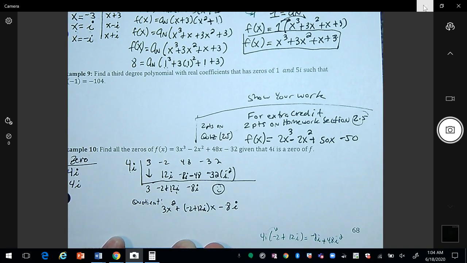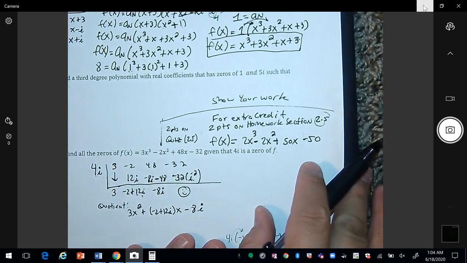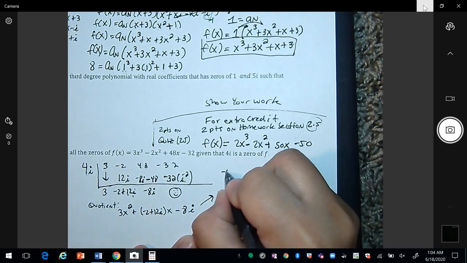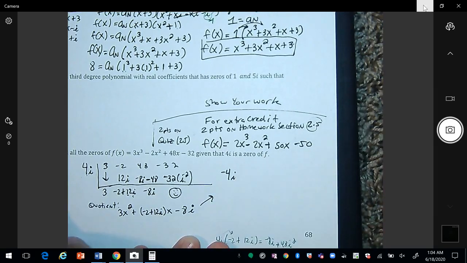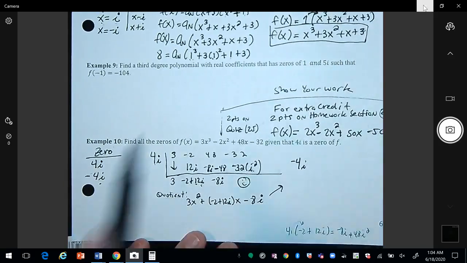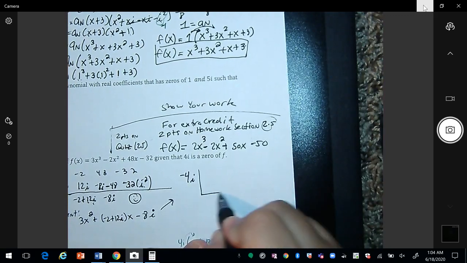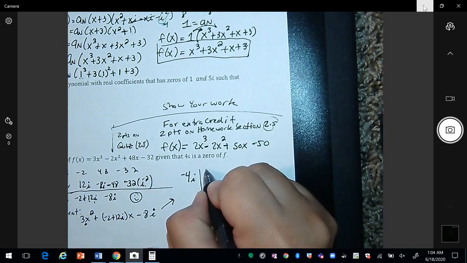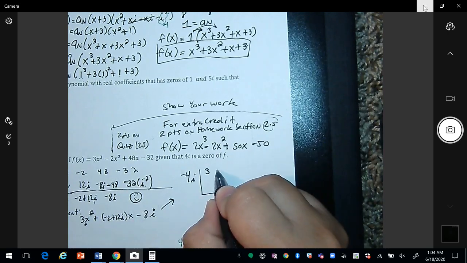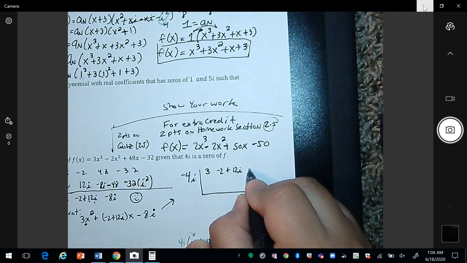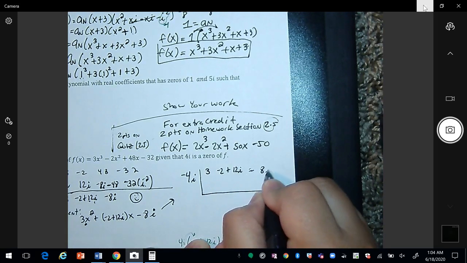So this is quadratic, but since I have these imaginary numbers, I'm going to use synthetic division again with my second zero, -4i. Remember, the conjugate is also a zero. So here, my coefficients would be 3, -2 plus 12i, and -8i.